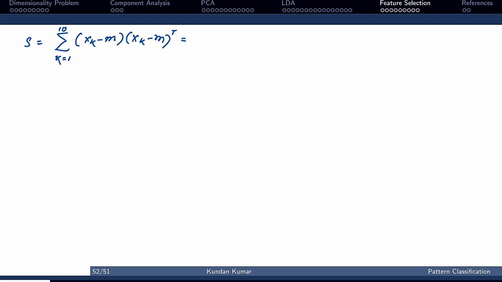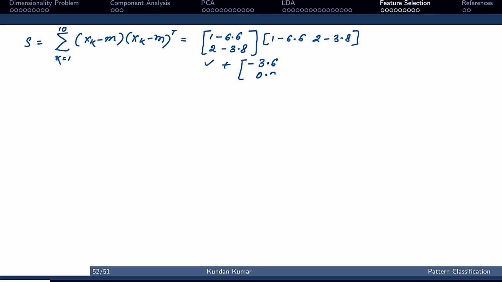So it will be (1 minus 6.6, 2 minus 3.8) times (1 minus 6.6, 2 minus 3.8) transposed, because this term is the transpose of this term, plus the rest. I am writing the subtracted values directly. Then we obtain this term.